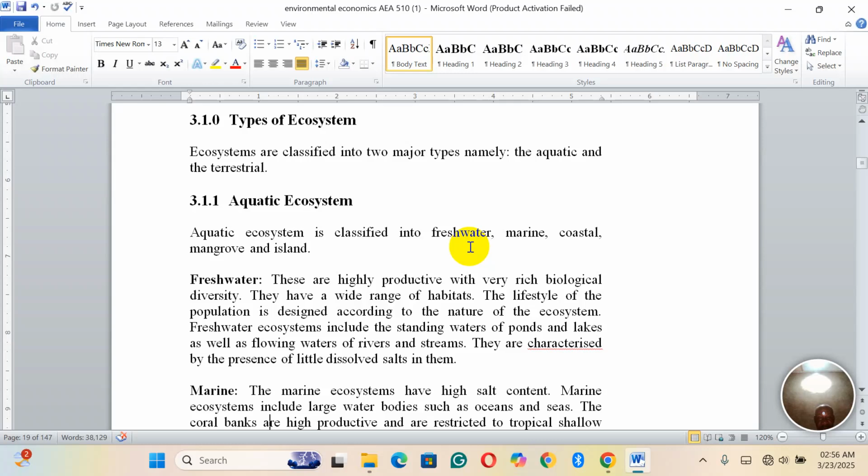They have a wide range of habitat. The lifestyles of the population are designed according to the nature of the ecosystem. Freshwater ecosystems include the standing waters of ponds and lakes, as well as the flowing waters of rivers and streams. They are also characterized by the presence of little dissolved salt in them.